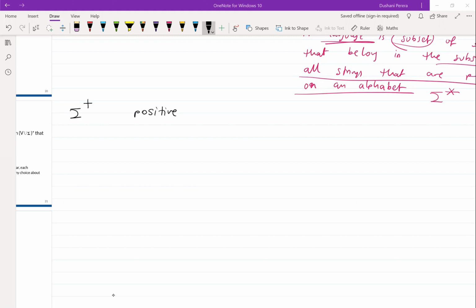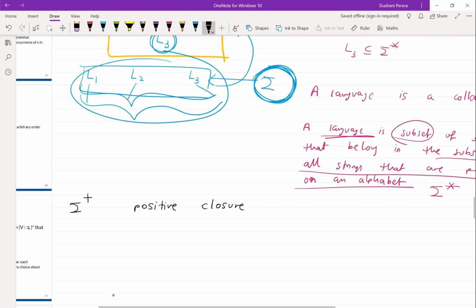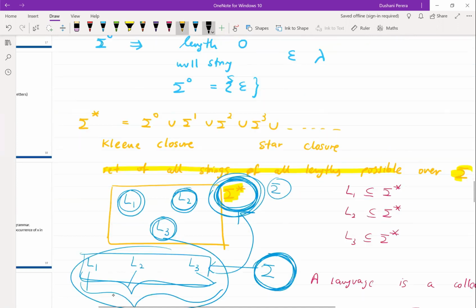Now, in sigma star we had sigma to the power of 0, sigma to the power of 1, 2, 3, everything.